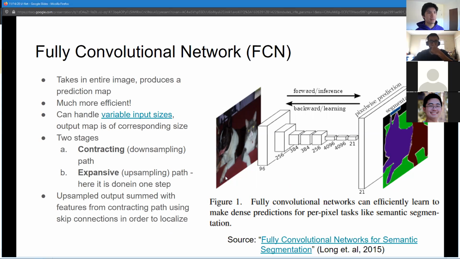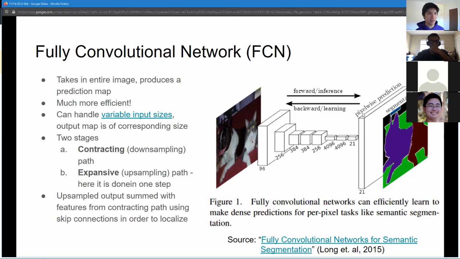But the big takeaway of this is that it takes in the full image, so not just a single pixel anymore, and it actually gives you those predictions for each pixel at the end, right? So that's what this is kind of showing. This is sort of similar to segmenting the road image.